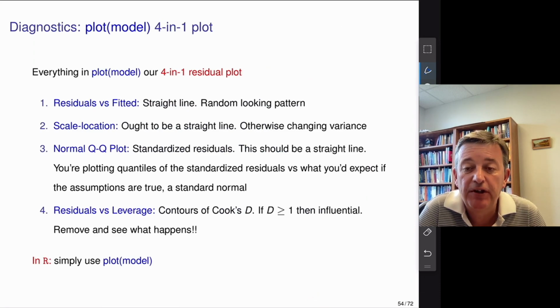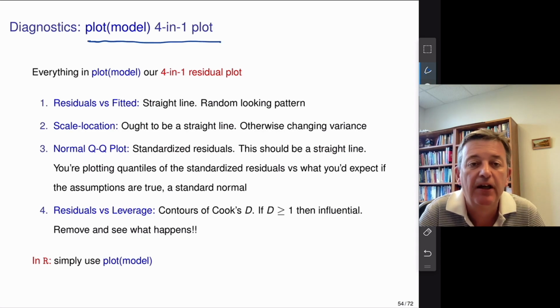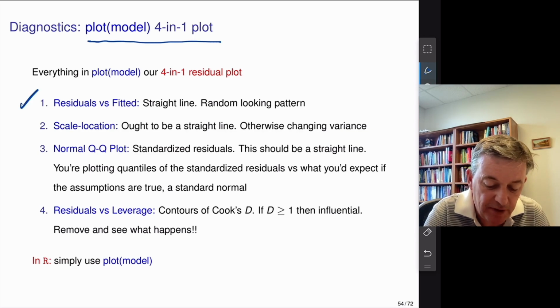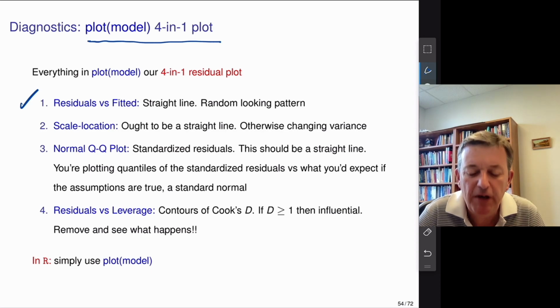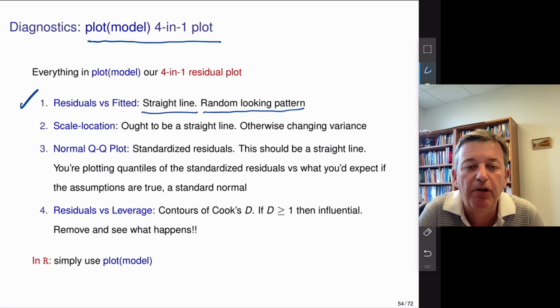For your diagnostics, let me be a little bit more specific about what you get in the plot model command. So this is my 4-in-1 plot model command. You get residuals versus fitted values. You're really looking for just a random pattern distributed about 0, so a straight line about 0. There shouldn't really be any extra patterns left over in the residuals against the fitted values.